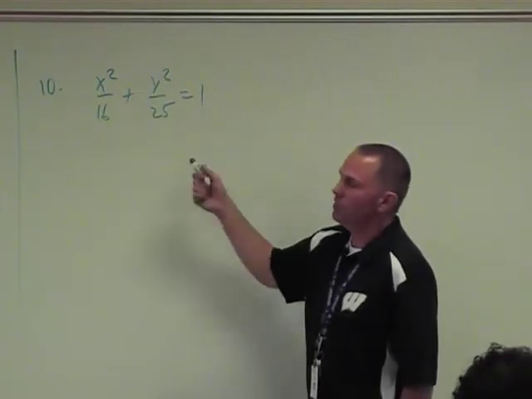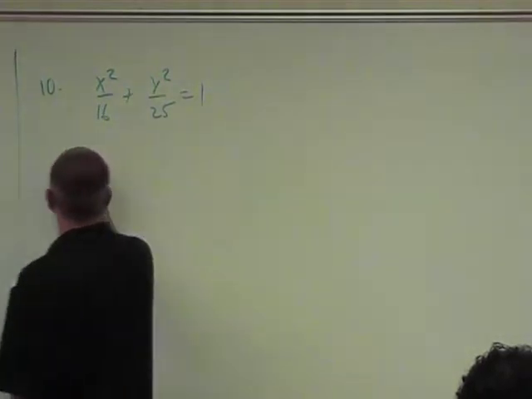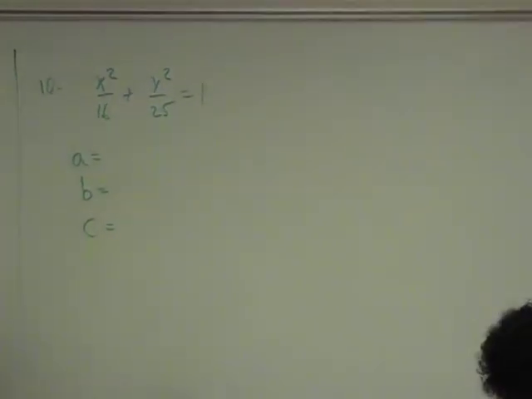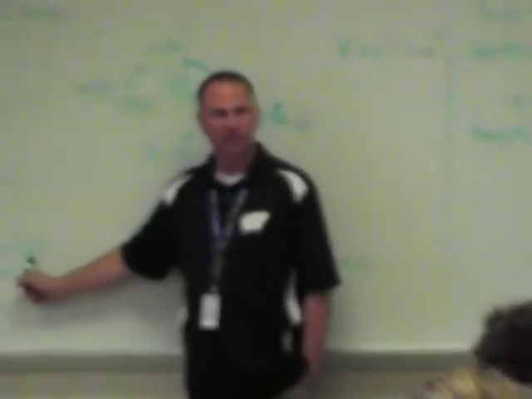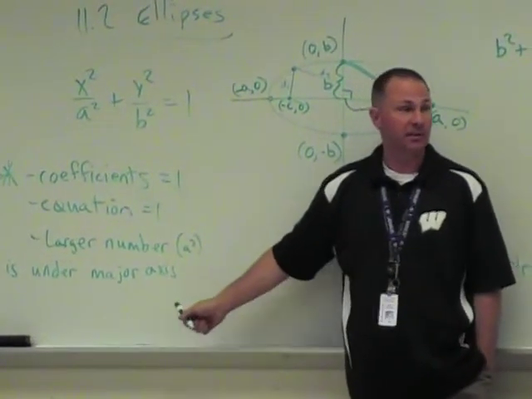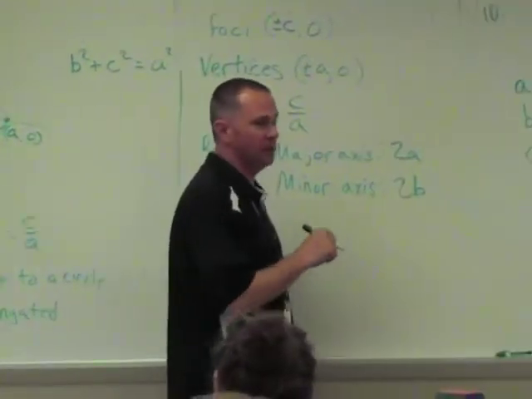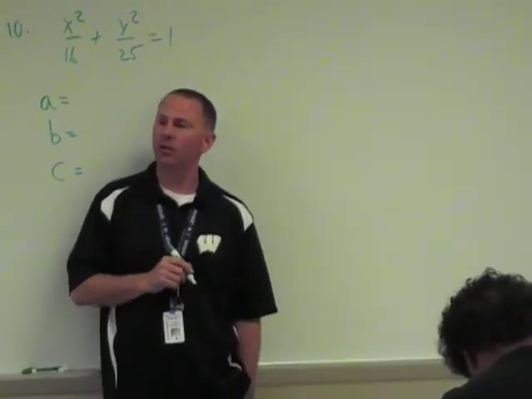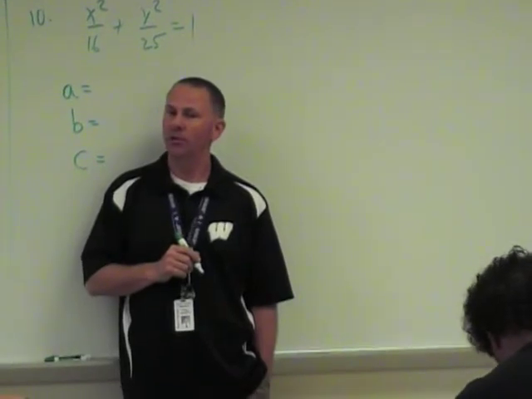All right, so once you have that, this is what you do. What's a, what's b, and what's c? What is a? The larger number is a squared. And whatever it's under is your major axis. What is a squared under? y. So this is going to be horizontal or vertical?